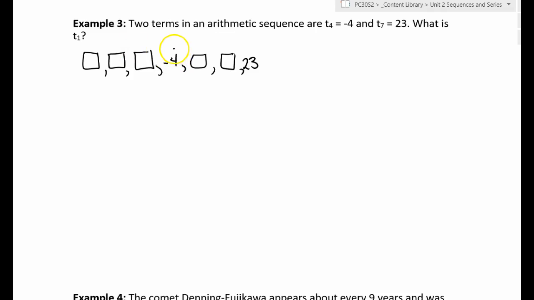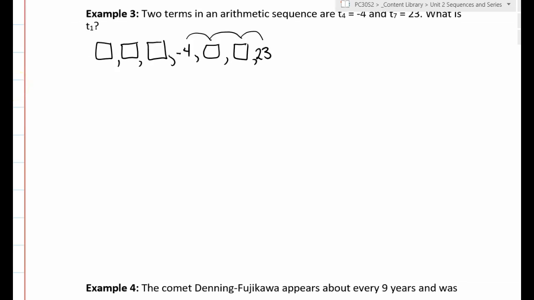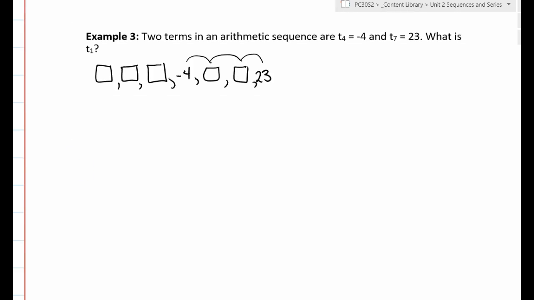Well, can we figure out the common difference maybe?